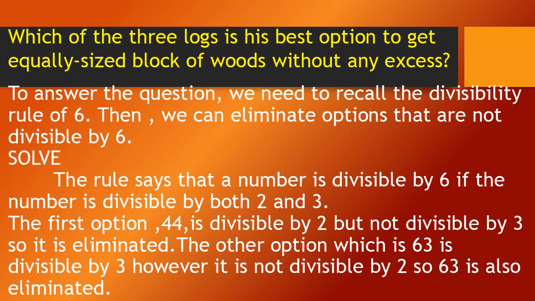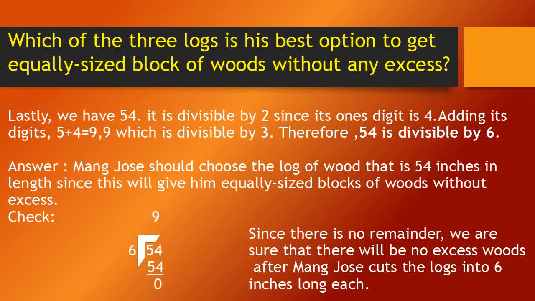The other option, 63, is divisible by 3. However, it is not divisible by 2, so 63 is also eliminated. Lastly, we have 54. It is divisible by 2 since its ones digit is 4. Adding its digits, 5 plus 4 equals 9, which is divisible by 3. Therefore, 54 is divisible by 6.